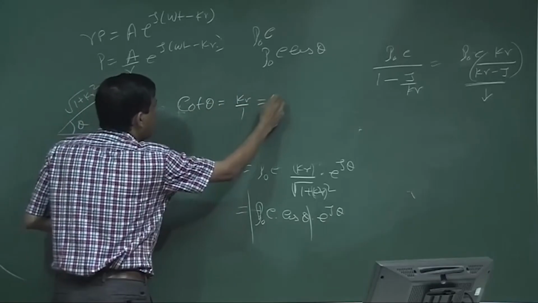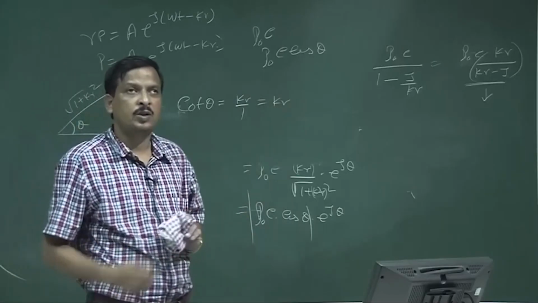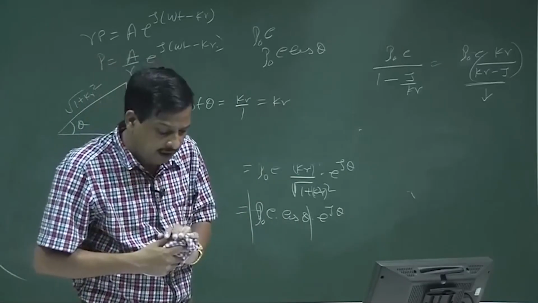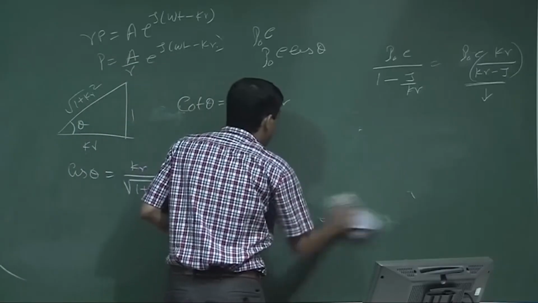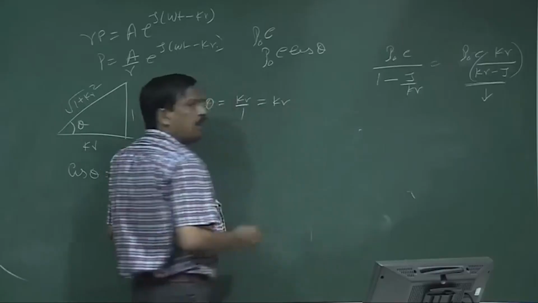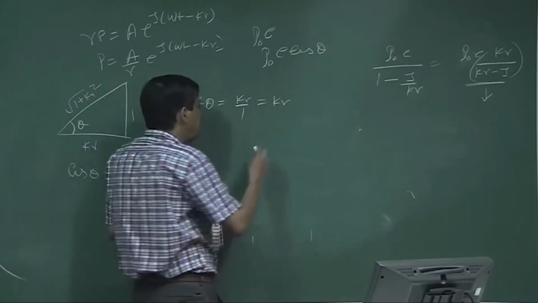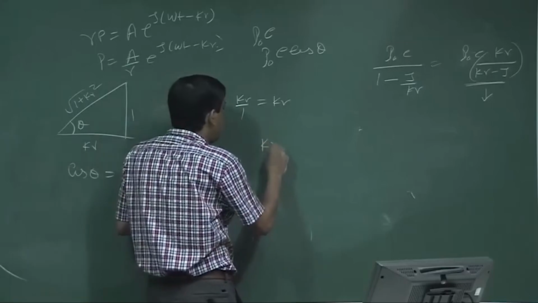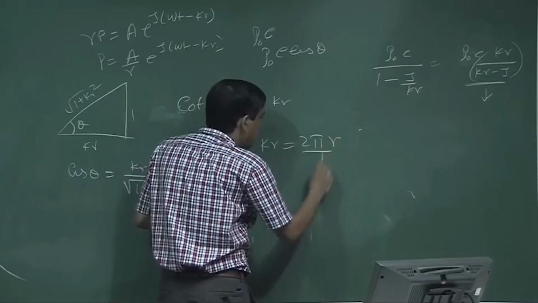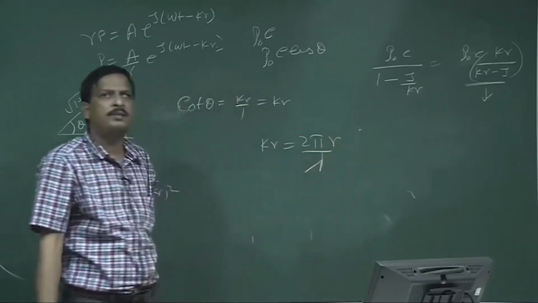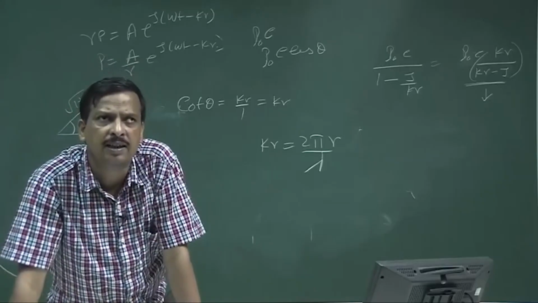So cot theta is nothing but kr. Now, what is kr? r is the distance from the source. What is k? k is omega by c. So I can write kr is nothing but 2 pi r divided by lambda.